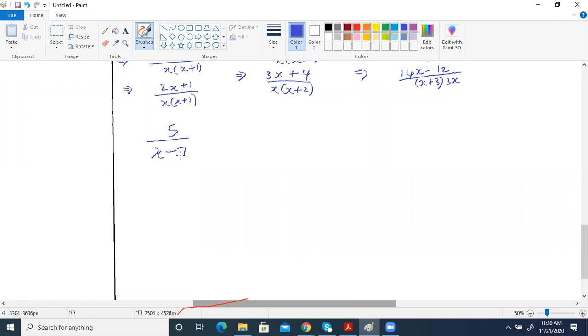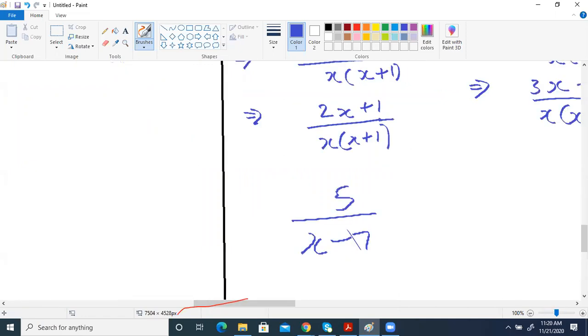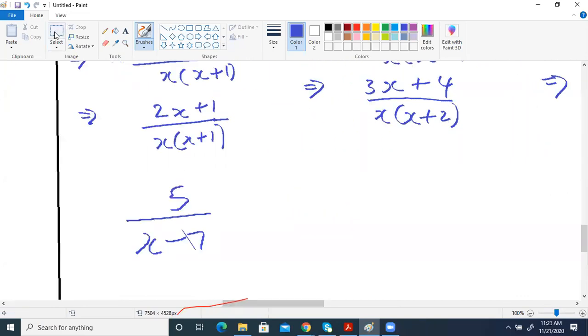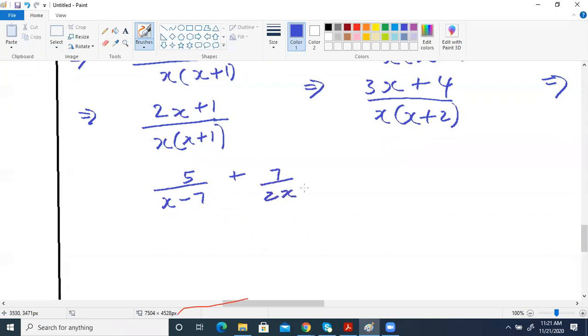Let me make this bigger. Let's try again. 5 over x minus 7 plus 7 over 2x.